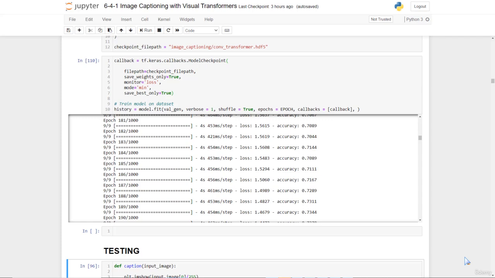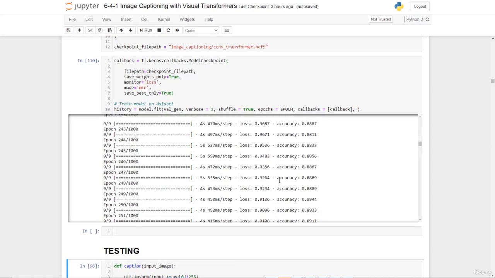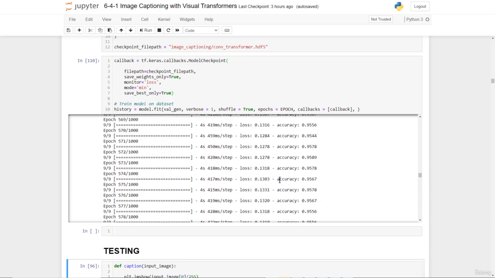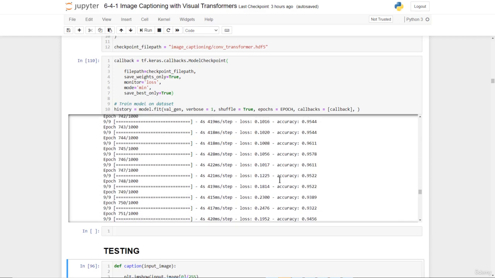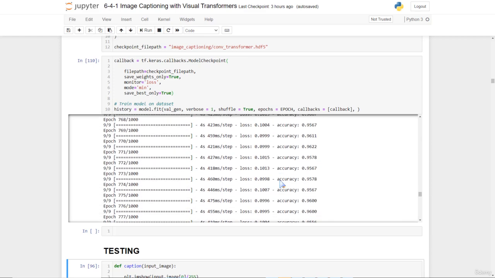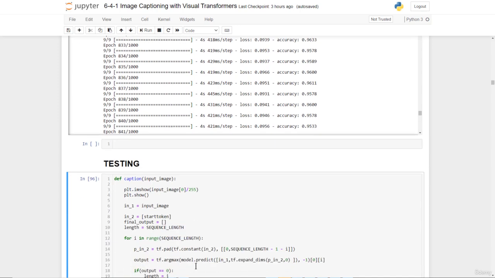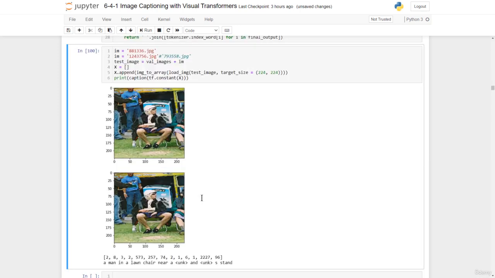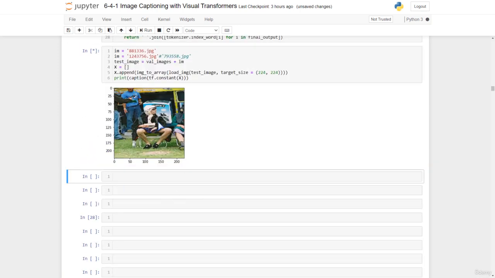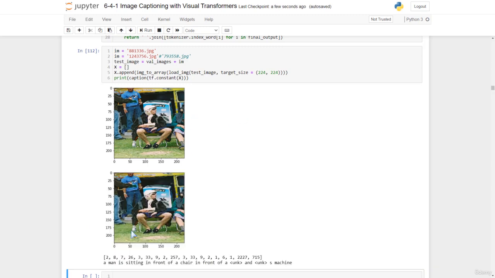After training over several epochs, our model converges. We have these loss values and accuracy values. Then we can now go ahead to test our model. So we have the caption function and the image which is passed into it. There we go. We have a man sitting in front of a chair in front of an unknown machine.